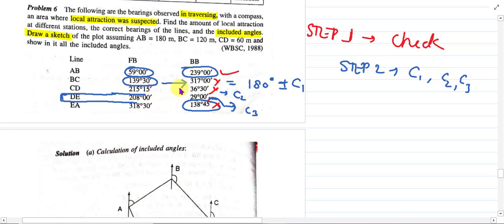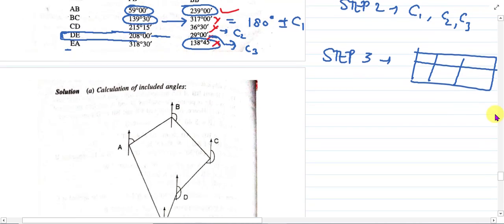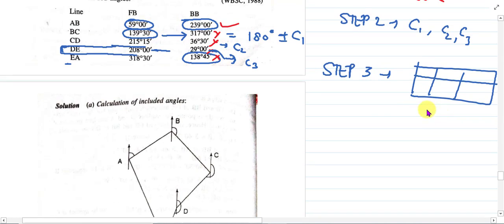The amount which you add after correcting this 208 degrees with the help of the C2 value, the amount which you add in the back bearing of line DE will be taken as correction 3, and this is the correction 3 at station number E. Then you have to find step number 3, which is to prepare a table having corrected values. And the last one is the internal angle, which is step number 4. For this you have to draw your figure with the help of step number 3.